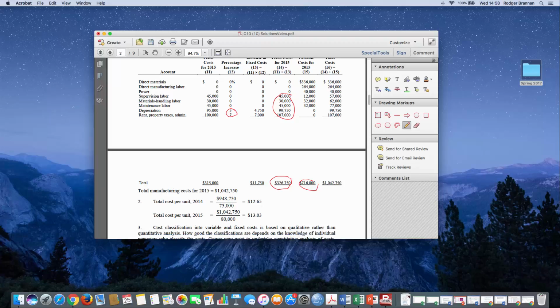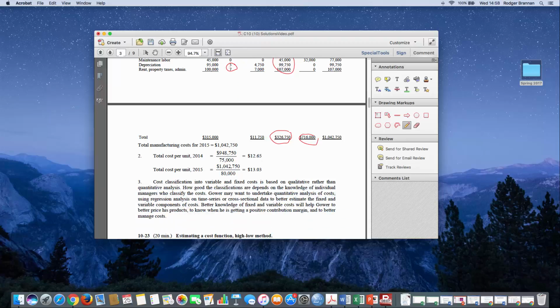All right. Now, the other big issue. We had a little bit of a discussion of this in class, the distinction between total cost per unit versus variable cost per unit. Let's just go back to 2014. In 2014, I know that my total cost per unit is derived by taking my total manufacturing cost and dividing by total units produced.